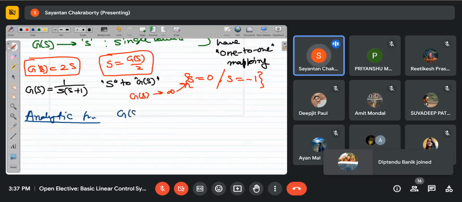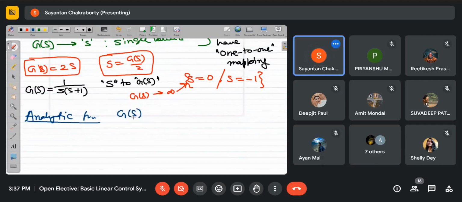A function G(s) of the complex variable s is called an analytic function in a region of the s plane if the function and all its derivatives exist in that region.